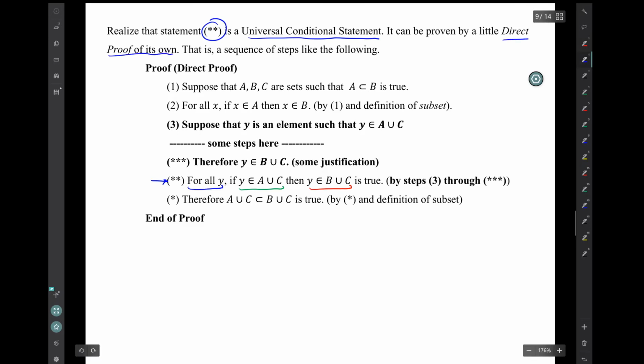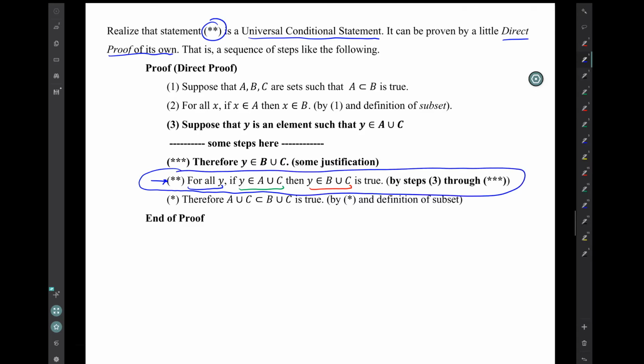In fact, we're building a direct proof of a universal conditional statement. Now within our proof, there's this statement that itself is a universal conditional statement. So it's going to get proven by a little direct proof of its own. So there's the frame of the direct proof, the direct proof for statement double asterisk.